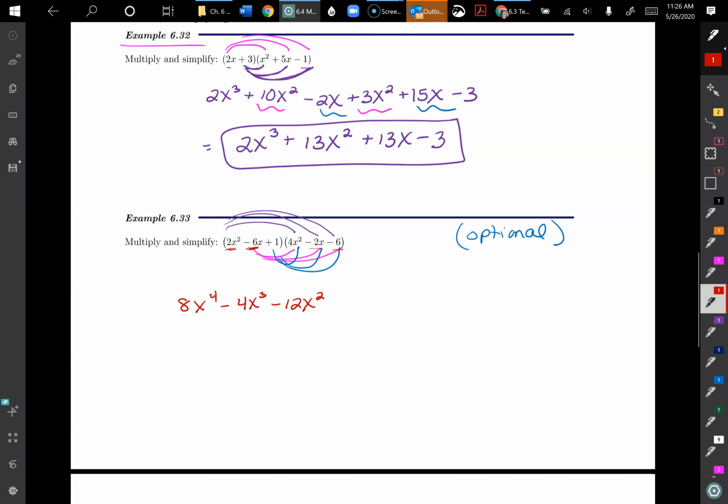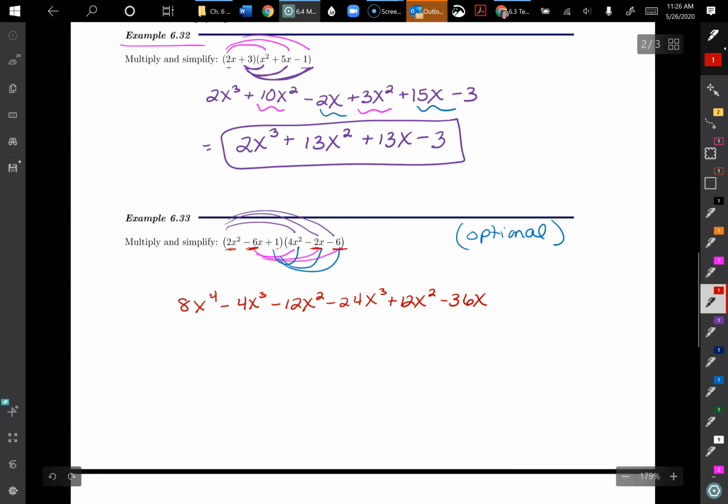Negative 6x times the 4x squared is going to be minus 24x cubed. Negative 6x times the minus 2x will be positive 12x squared. And then we have negative 6x times negative 6 will be minus 36x.